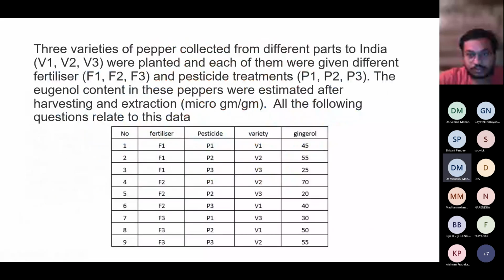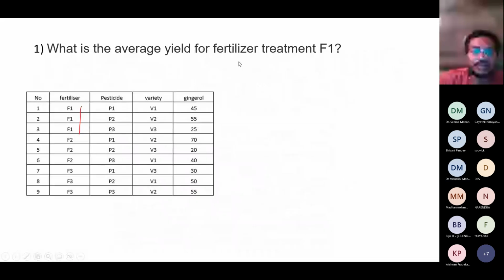So, yeah, in the question we are given a table. We have 9 values. We have 3 kinds of fertilizers, 3 kinds of pesticides, and 3 kinds of varieties of crops. And we are given the yield values for these. So the first question is, what is the average yield for fertilizer treatment F1? Wherever we find F1, which is in the first 3 rows, we take the yield values for that and we take the average and we get a value of 41.6.